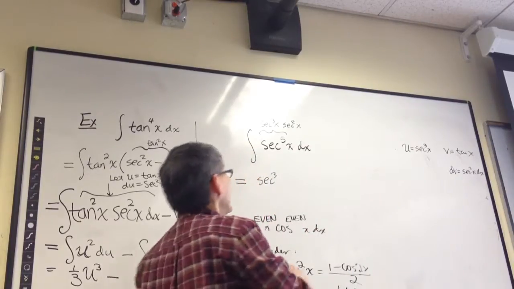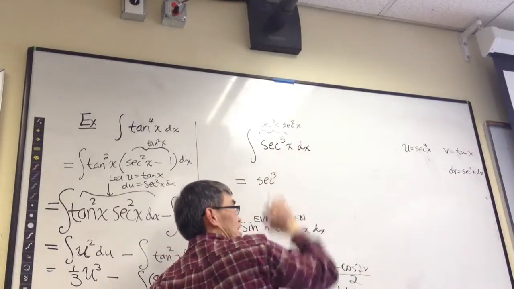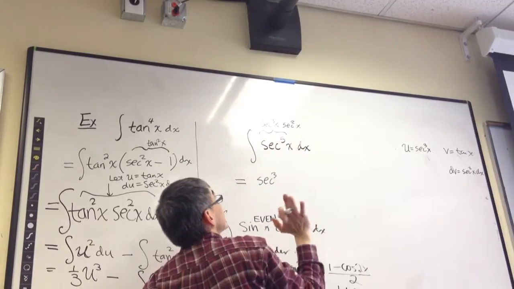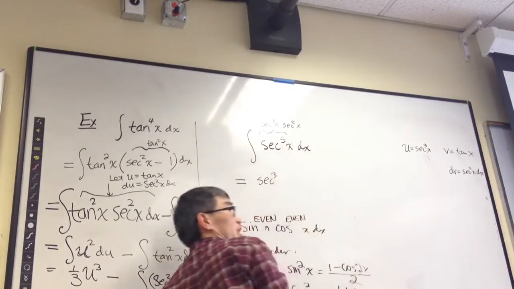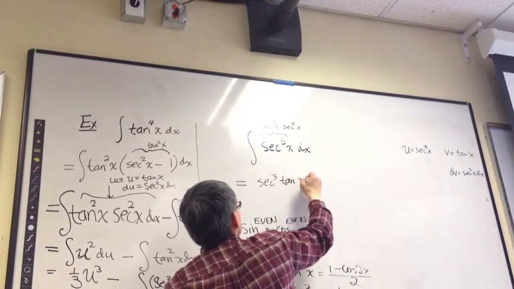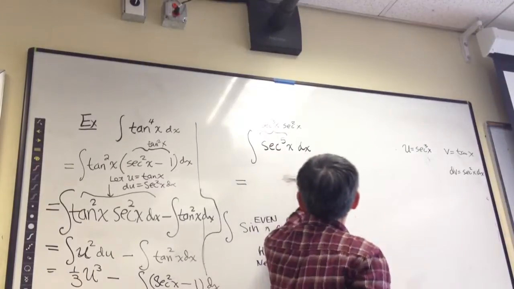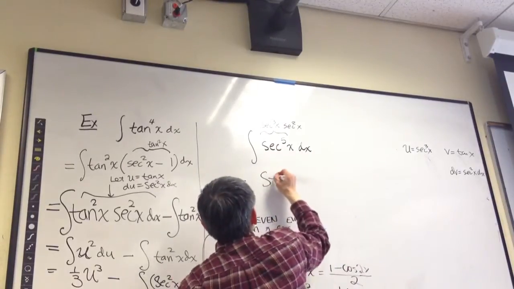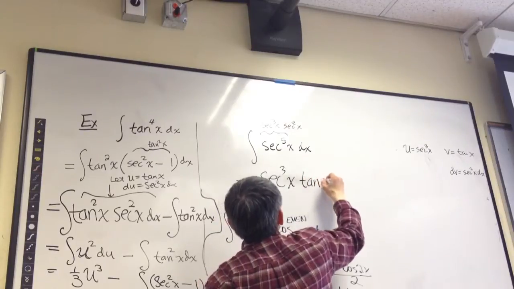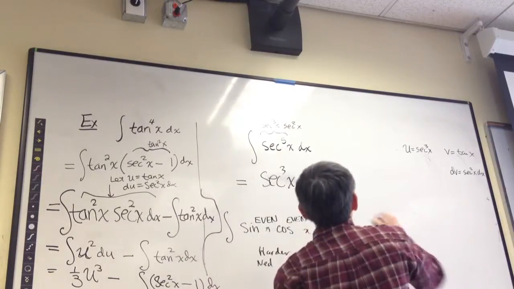Anyway, if you use my up and down version, I have two parts. I raise this secant squared up first because it's the derivative of tangent, so the antiderivative is tangent x. Secant third power x tangent x, then minus what?